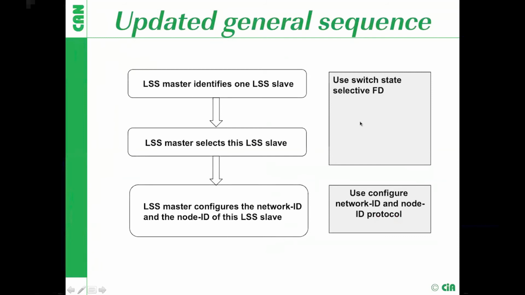So with the updated protocols for CANopen FD, the general sequence for assignment of network ID and node ID is shown here. For identifying and selecting one slave, we use switch state selective FD. And for configuration of the network ID and node ID, we use the updated protocols configure node ID and configure network ID.